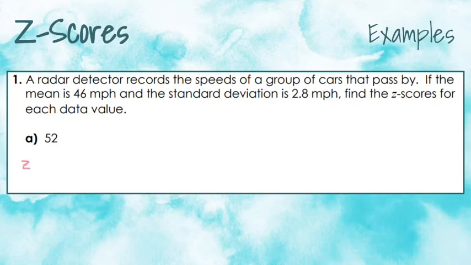So z is equal to the data value, which is 52, minus the mean, which was given to us in the problem, it's 46, divided by the standard deviation, also given to us in the problem, that is 2.8. When we evaluate this, we're going to find that 52 miles per hour is 2.14 standard deviations above the mean.